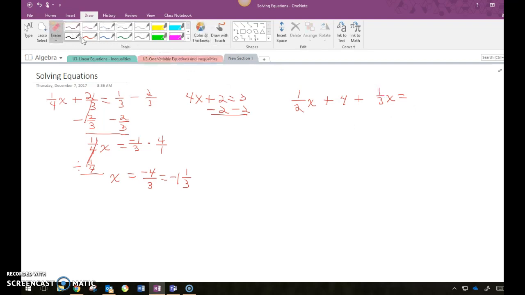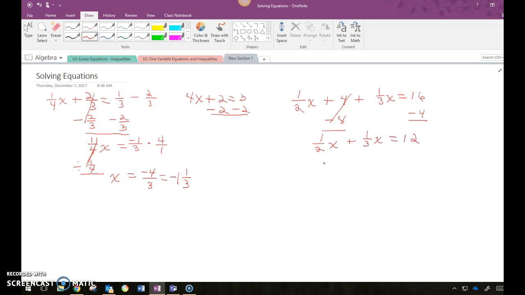How about we go with something like 16. The first thing I could do here is undo this plus 4. Let me subtract 4 from both sides. That's going to give me 1/2 x plus 1/3 x equals 12.